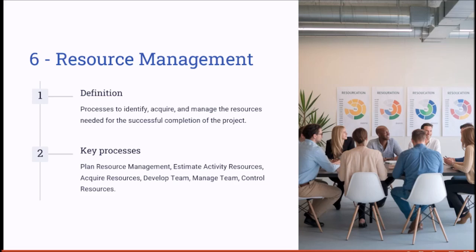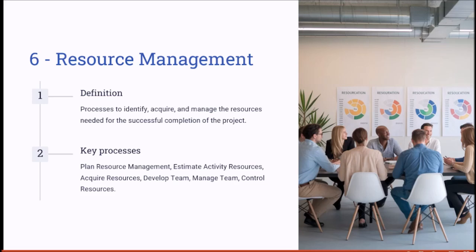The next key process is estimating the activity resources. As you recall, we estimated the activity time needed when we presented project schedule management. The same thing goes here for project resource management.